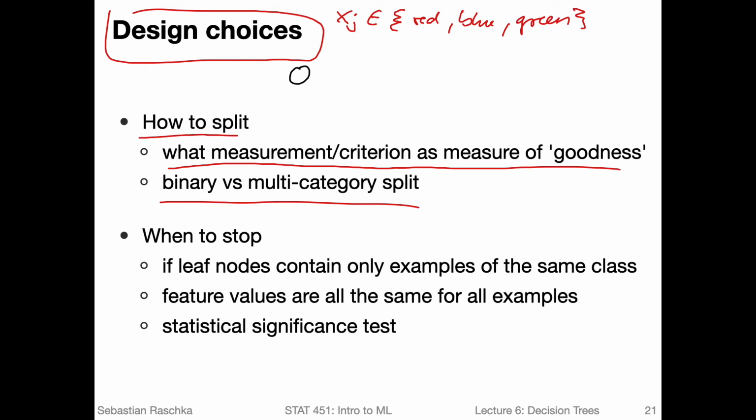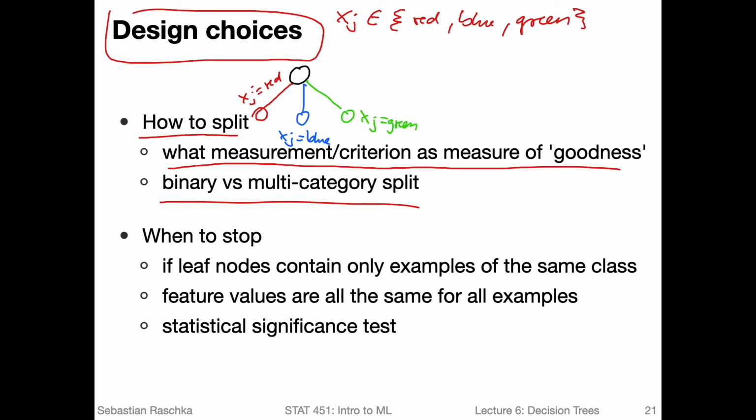For example, let's say this is the parent node, and then based on the feature value, we can split it into 3 child nodes: red, blue, and green. So here this would be xj equals red, here xj equals blue, and here xj equals green.